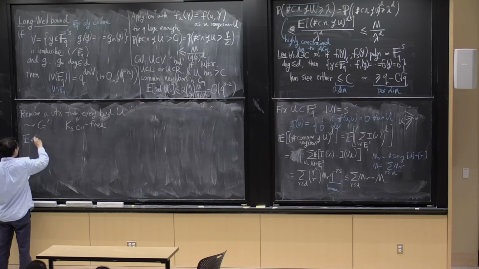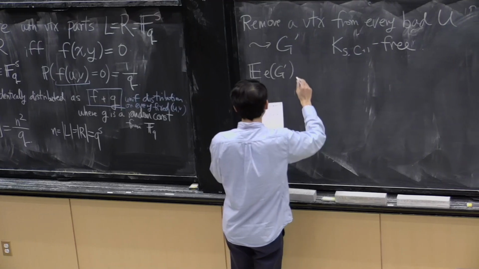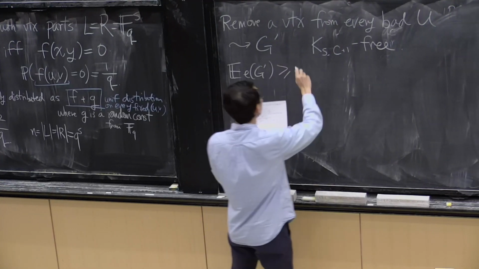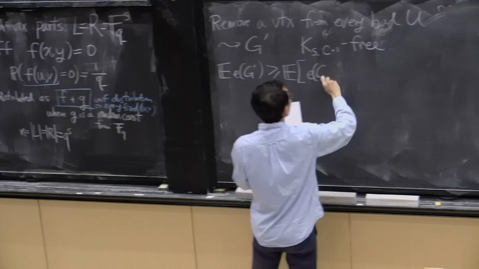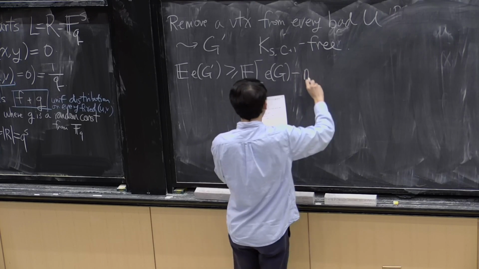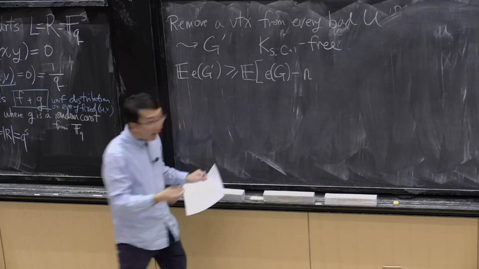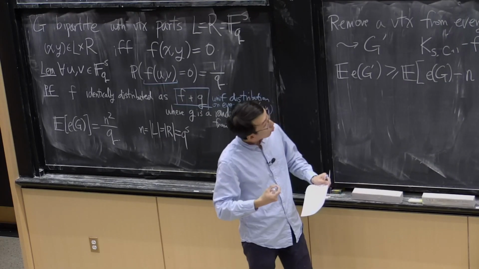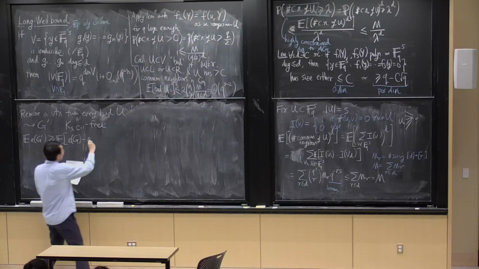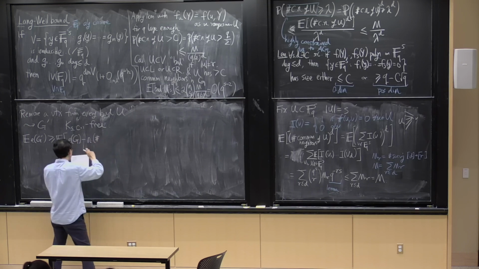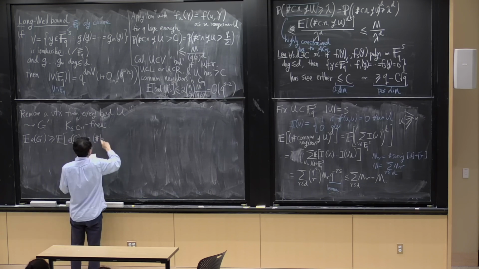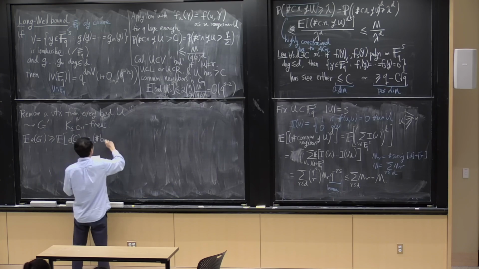Well, the expected number of edges in G prime is at least, we removed one vertex for every bad U, and each bad U carries with it at most n edges, because there are only n edges on each side of the bipartition.